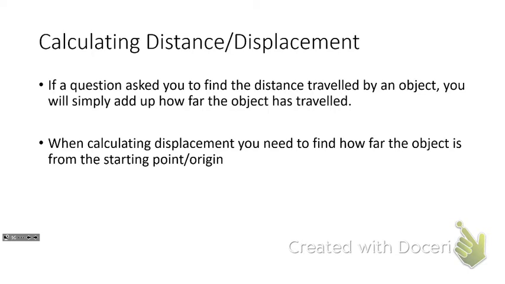We'll go over an example soon. When calculating displacement, you need to find how far the object is from the starting point, the origin. Just like our last example, the distance was 200 meters, but because the person was back at its origin, the displacement was 0.